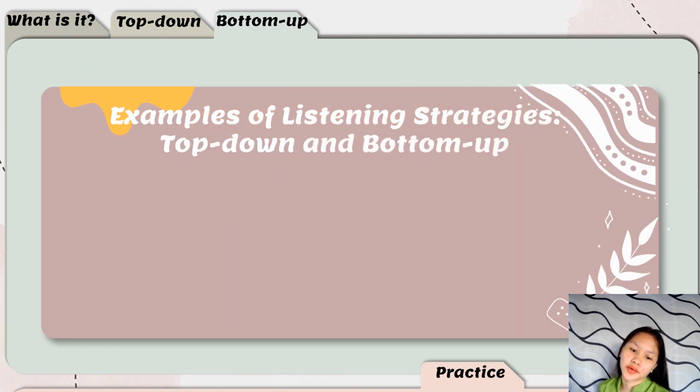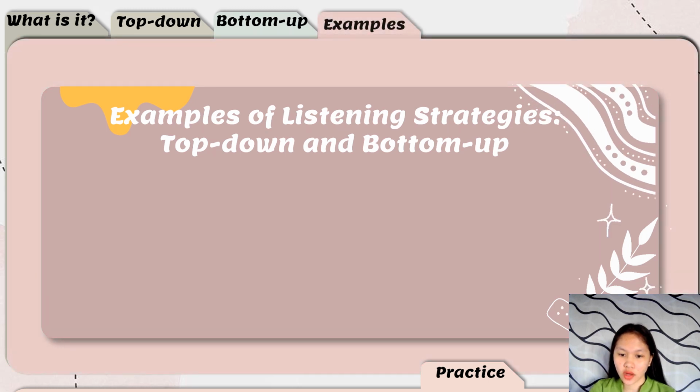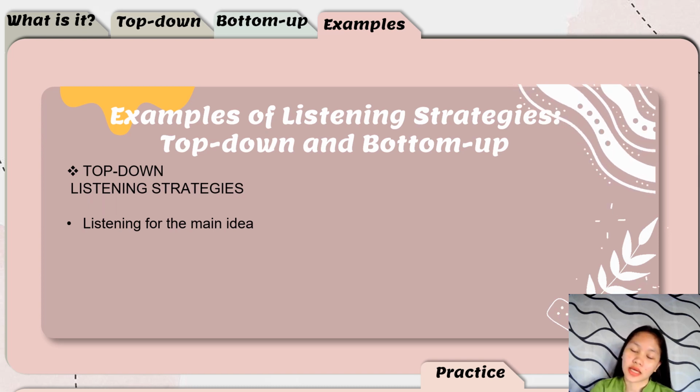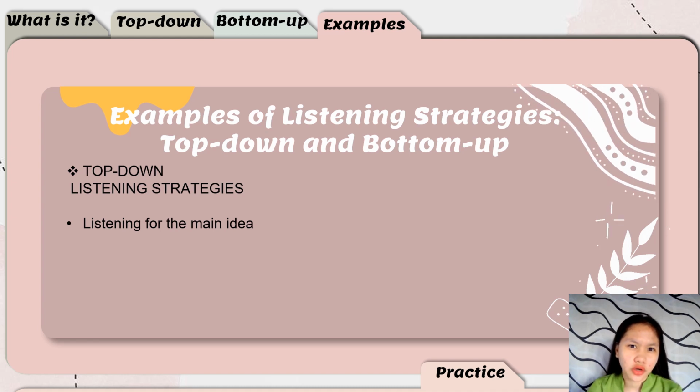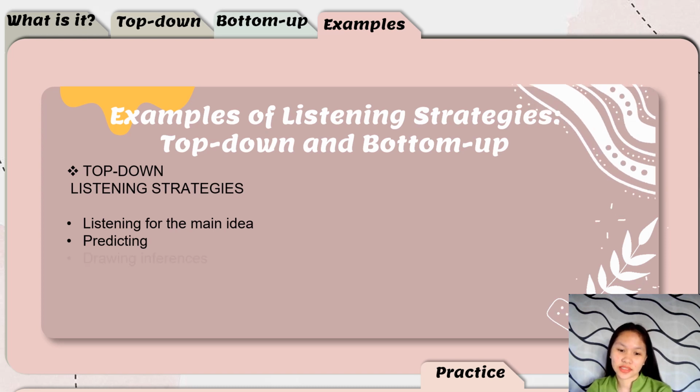Next, we move on to the examples of listening strategies, top down and bottom up. The first one is top-down listening strategies. The example is listening for the main idea. For example, you are listening to your teacher and you are getting the main idea of the topic. Next is predicting. You are listening but you know what comes next. Next is drawing inferences.